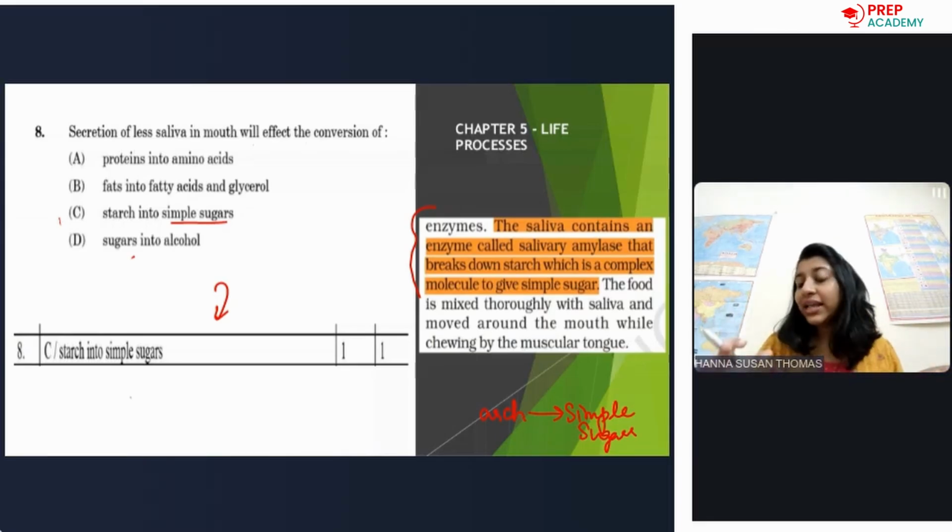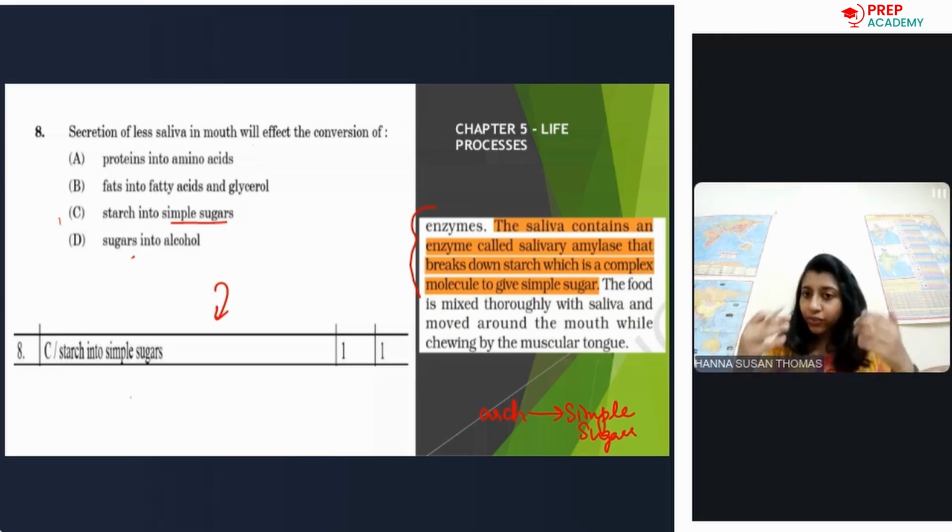We know that there are 5 types of questions that can be asked in your CBSE 10th board exam: 1 mark, 2 mark, 3 mark, 4 and 5 marks questions. Under 1 mark questions, you can see multiple choice questions and also some assertion and reason questions.